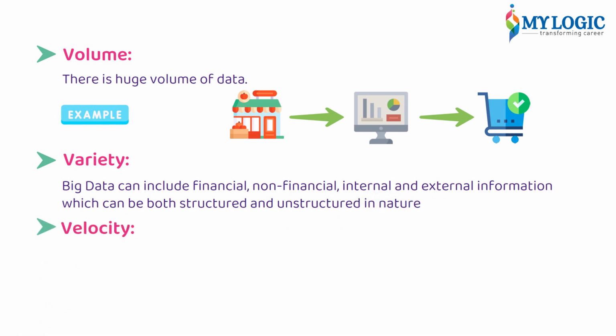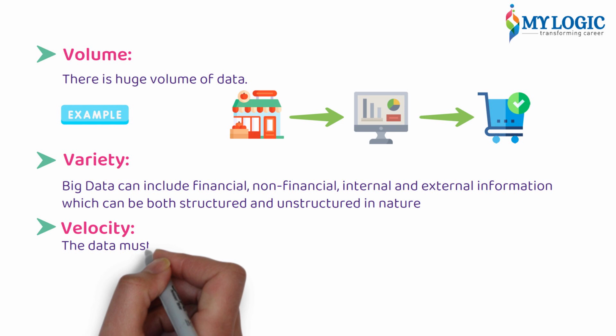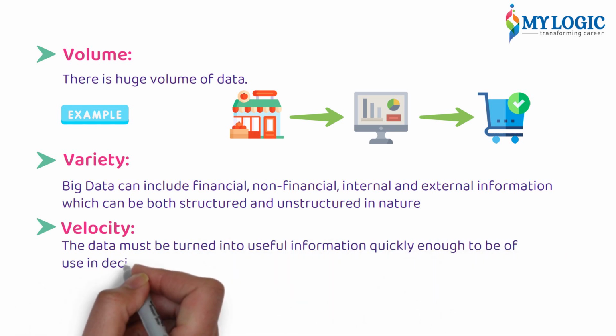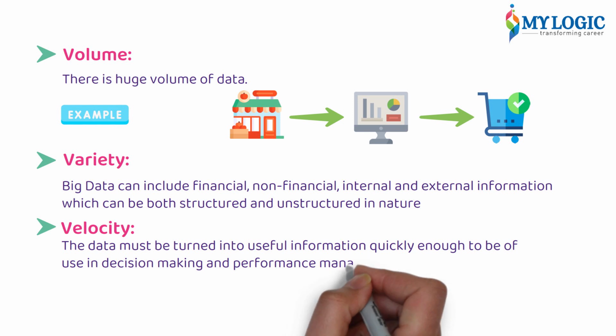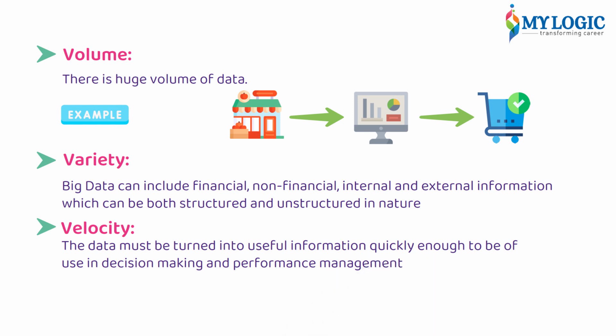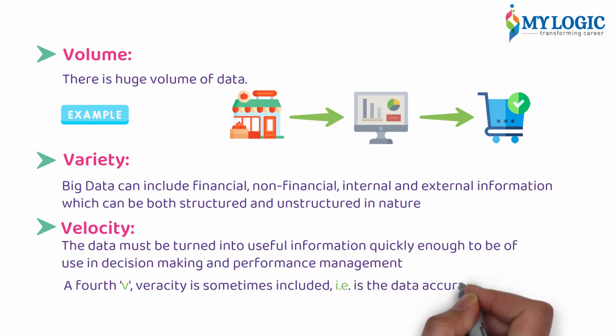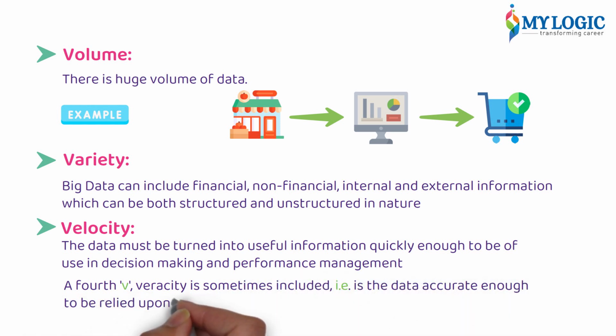Velocity. The data must be turned into useful information quickly enough to be of use in decision-making and performance management. A 4th V, veracity, is sometimes included. That is, is the data accurate enough to be relied upon?